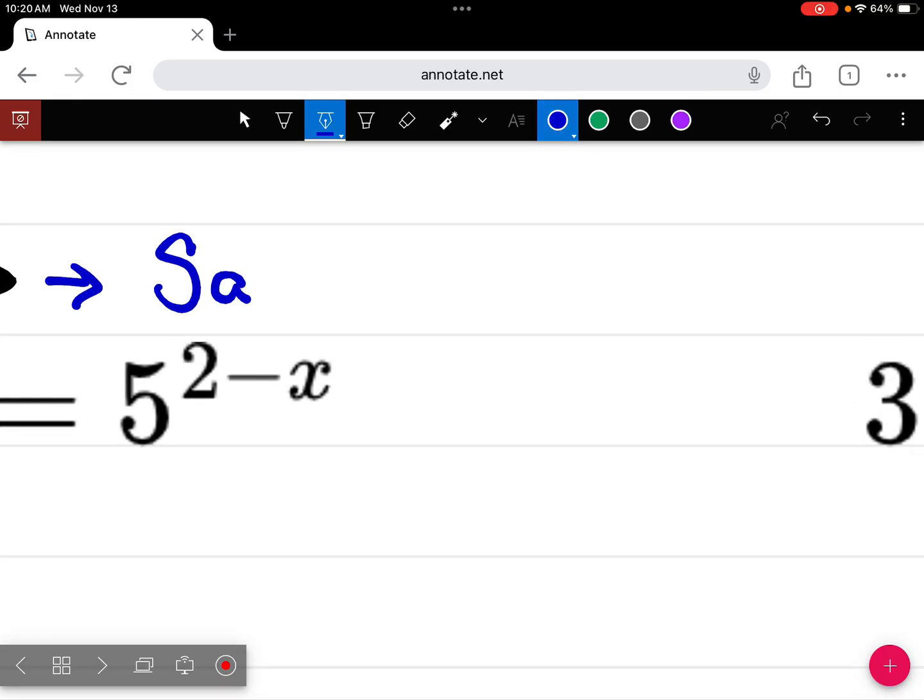Our goal is to get to the same base so that I can set my exponents equal to each other. Because if I have 2 to the x equal to 2 to the 3, I would know that x has to be 3.